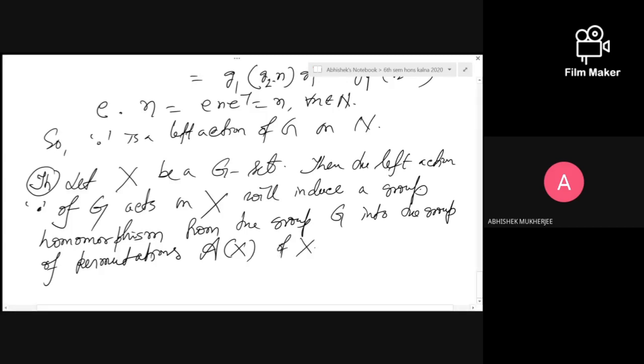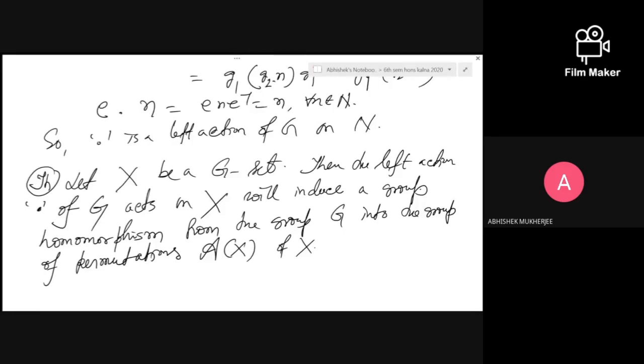So this theorem says that the left action of G which acts on X can be viewed as a group homomorphism from the group G into the permutation group defined on the set X. So that means for any group action you can have a group homomorphism from G into the permutation group of X, that is curly A(X).